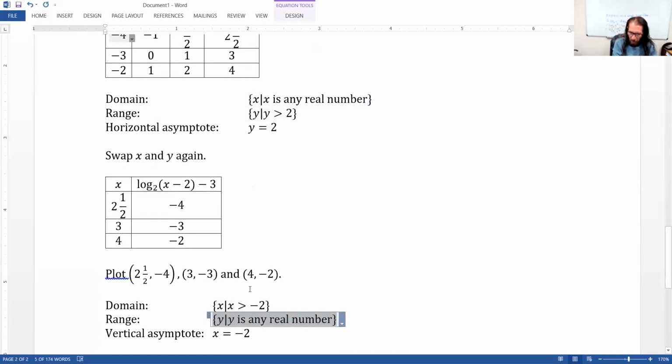When I said that y had to be greater than 2 for the range of the transformed exponential function, that is switched to x. So we're talking about the domain. X has to be greater than 2. And the equation of the vertical asymptote, x equals 2.